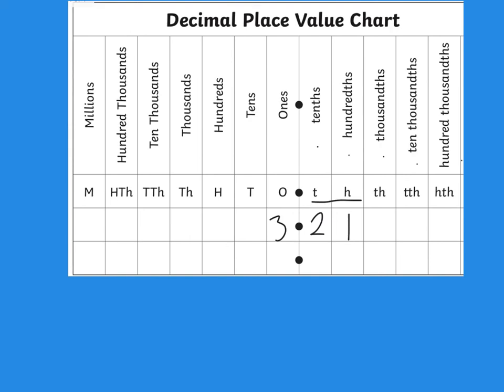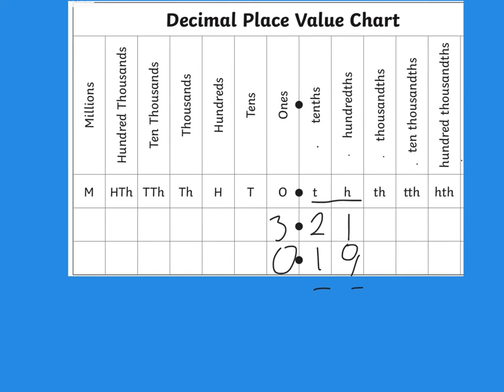So we'll try another number. Say I try 0.19, okay? So there's no units in this number, there's 1 tenth, and there's 9 hundredths. Now this 1 here, and this is what sometimes gets confusing about decimals, this 1 is worth more than this 9, okay?